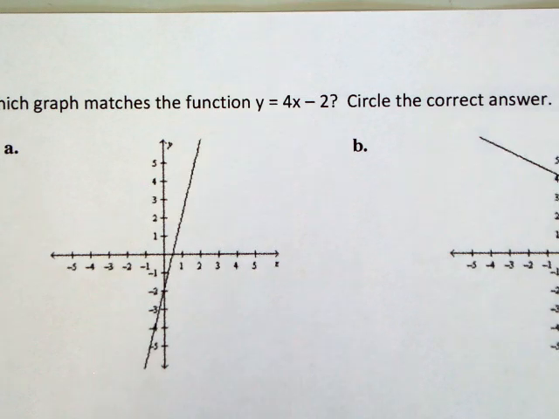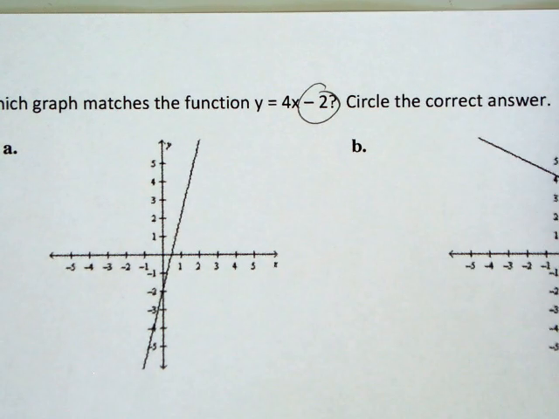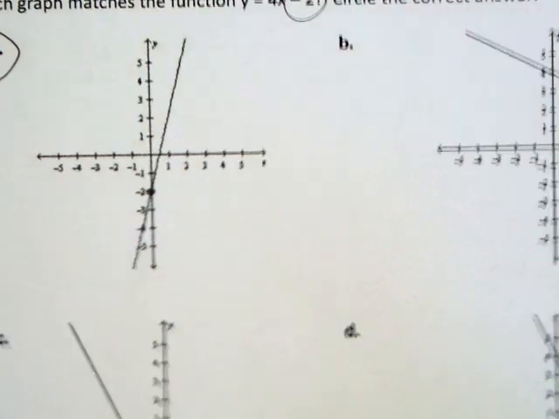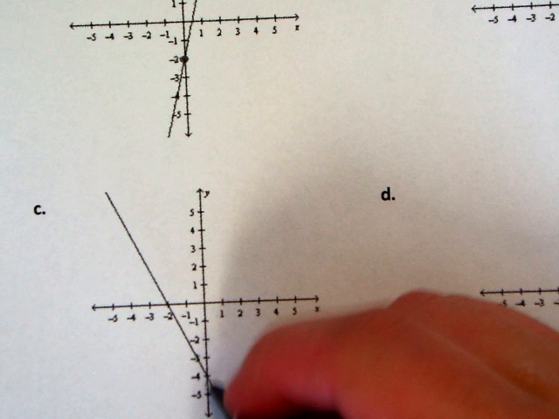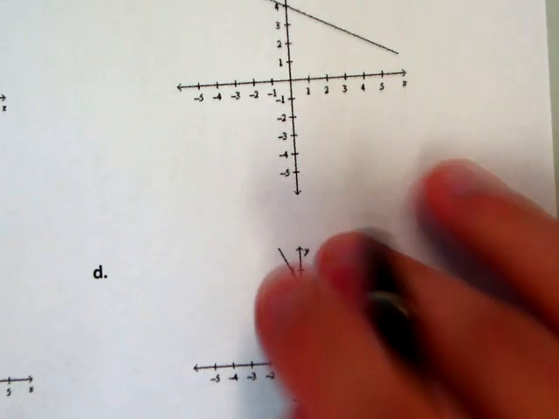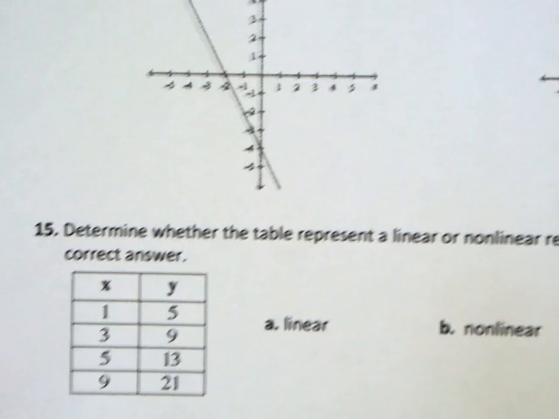Number 14, it says, which graph matches the function y equals 4x minus 2? This minus 2 tells me I start at negative 2 on the y-axis. That is only letter A. So it can only be A. C crosses at negative 4, and B and D both cross at positive 4. So I was looking for a negative 2 crossing.